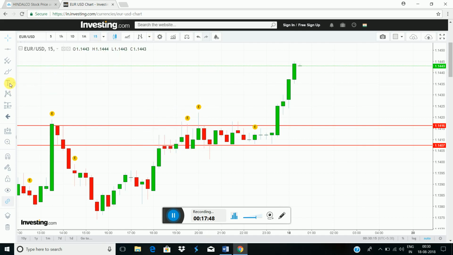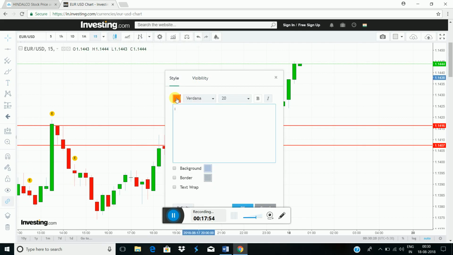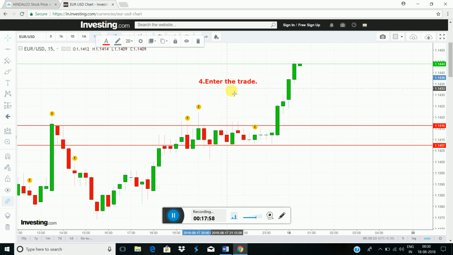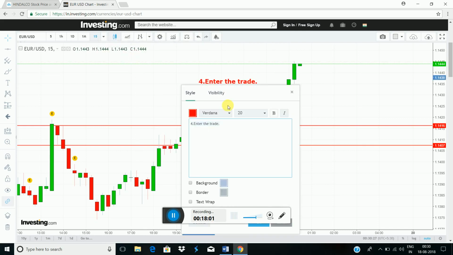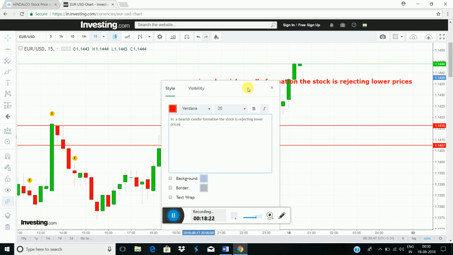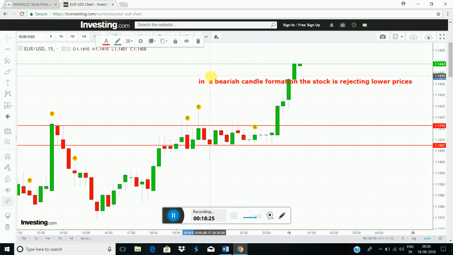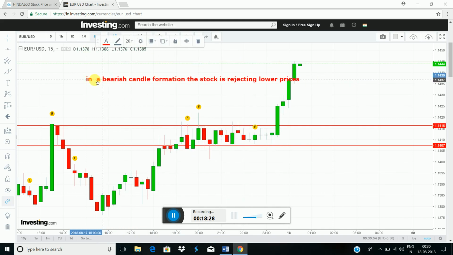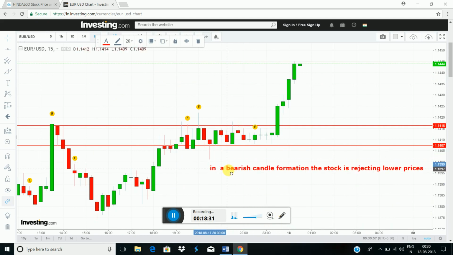What we saw is that in a bearish candlestick formation, the stock is rejecting lower prices. Let me write that down for you, so you can understand. In a bearish candle formation, okay, let me place that right over here.